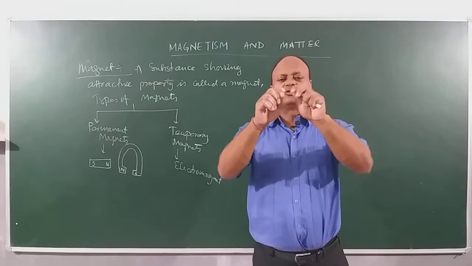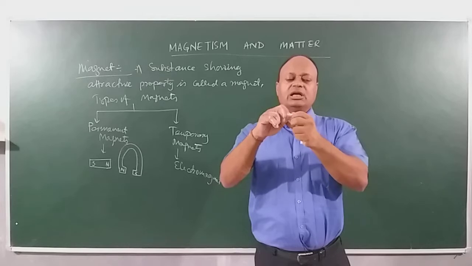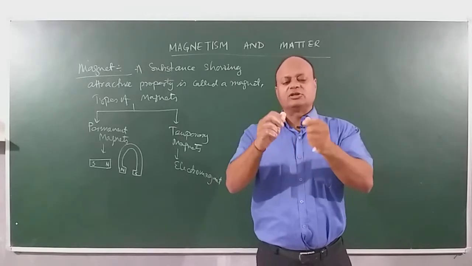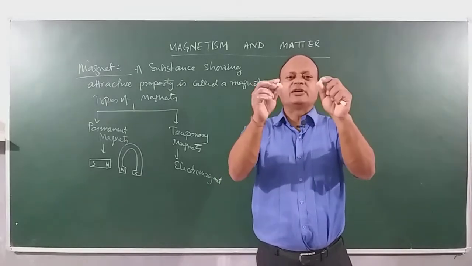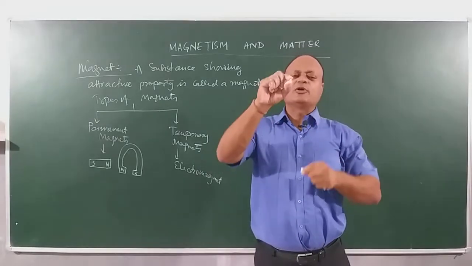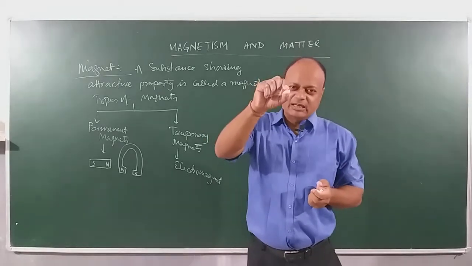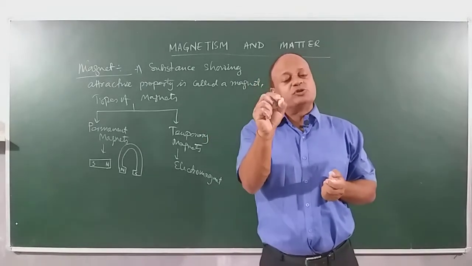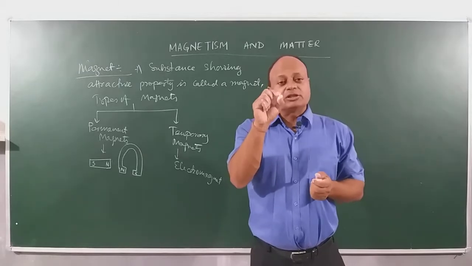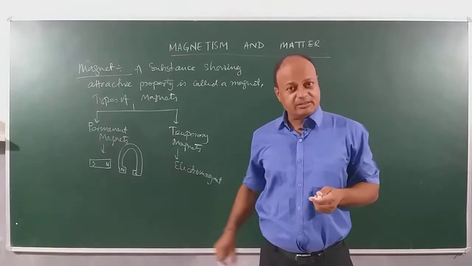Suppose I break it into two parts and check again, I will have a north and south pole. Now suppose I break this one into smaller parts and check again, I will find that they are acting as magnets. I go on breaking this to the smallest possible size. If you can see it in the camera, you will find that even this tiny magnet has its north and south poles, meaning north and south poles of a magnet cannot be separated, right? This is the second property.